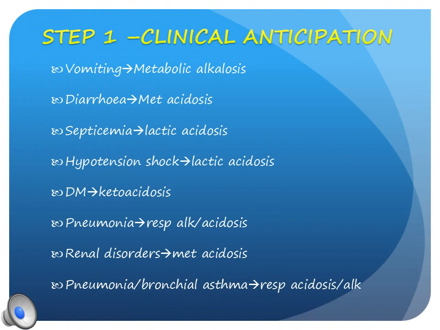We know that it causes metabolic alkalosis. Then diarrhea, it can cause metabolic acidosis. Septicemia and shock can cause lactic acidosis. Pneumonia can cause respiratory acidosis or alkalosis. Renal disorders, we have to think of metabolic acidosis. Pneumonia, bronchial asthma, we have respiratory acidosis and alkalosis. And diabetes mellitus, we have ketoacidosis.